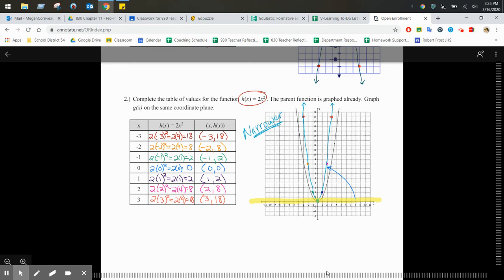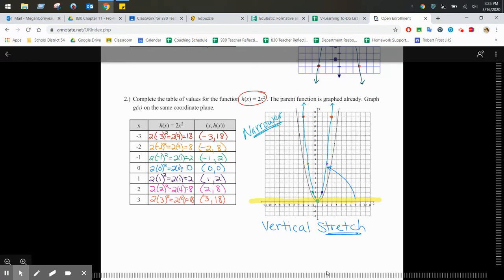So we, in fact, call this a vertical stretch. It's stretching away from the x-axis. Even though it's getting narrower, we call it a stretch because it's pulling itself away from the x-axis. A little counterintuitive, so that's one that you're definitely going to want to write down and really think about.